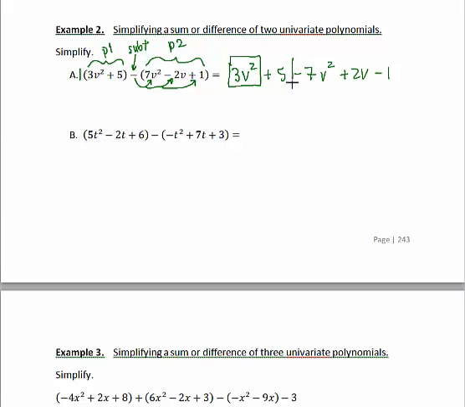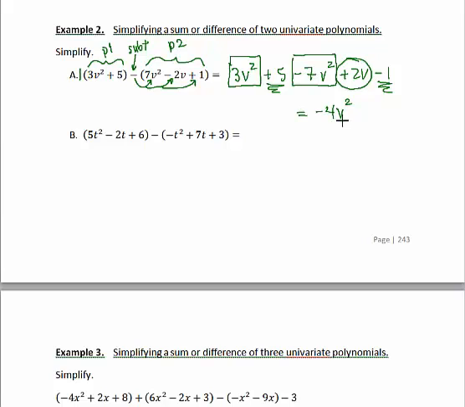3v squared minus 7v squared, there's a constant, there's another one, and then the single variable term, v to the power of 1. There's only one of those. So for v squared, we have coefficients of 3 and negative 7. If we add those together, a 3 plus a negative 7, we get a negative 4.